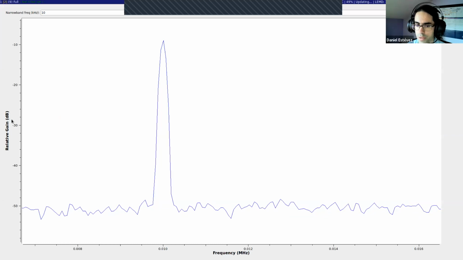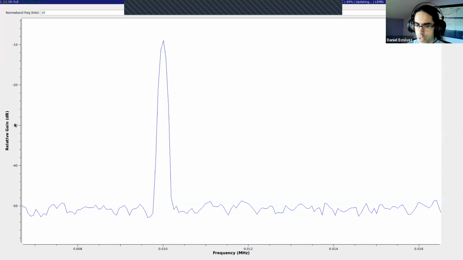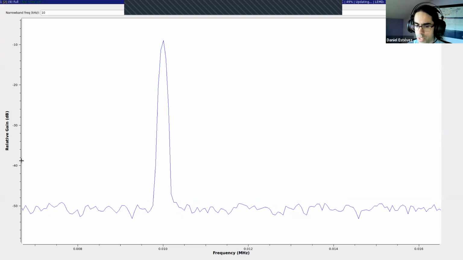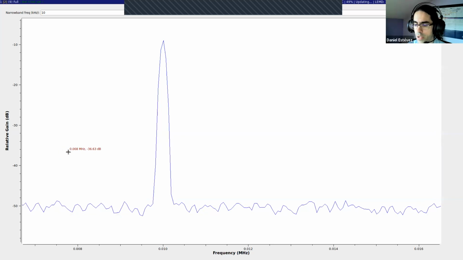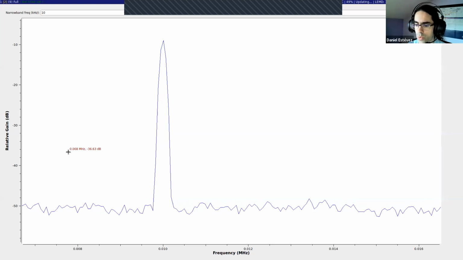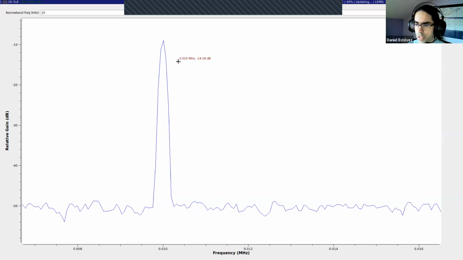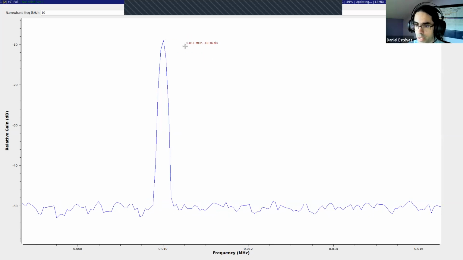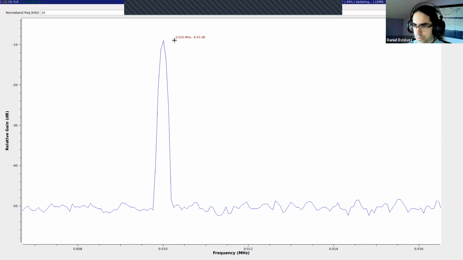30 dBs would be 30 divided by 10 is 3, and 10 to the power 3 is 1,000. So this is a change in 1,000. This is a change in 10,000. And dB units are a very good way to plot quantities which have very different powers, as happens with any kind of logarithmic scale.